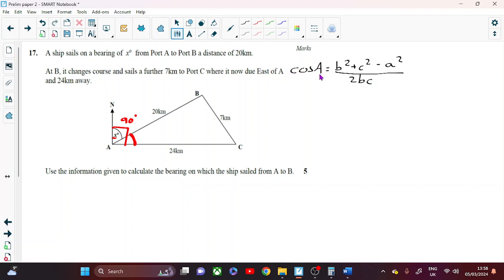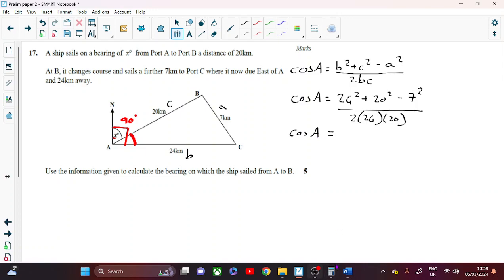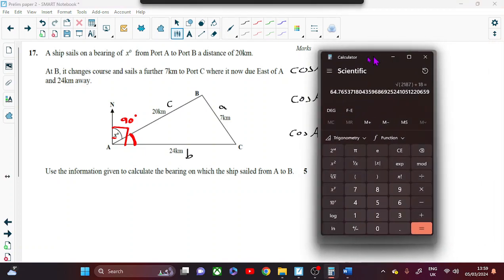And remember, we'll have to inverse cos to find A. So we have got our angle A, nicely labelled, our side A, our angle B, our side B, our angle C, and our side C. So we are going to do cos A is b squared, so 24 squared plus 20 squared minus 7 squared all over 2 times 24 times 20, and we'll get our calculator to tell us what cos A is.